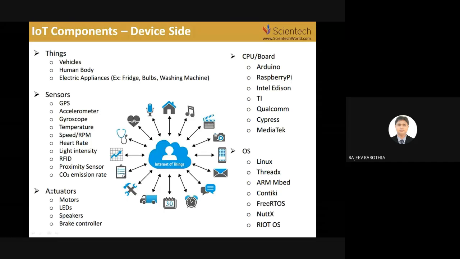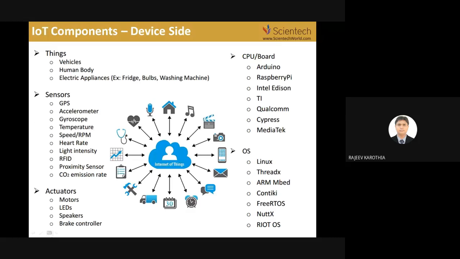Then the actuator. After getting data from the sensor, if you want to actuate something, like a motor, LED bulb, or speaker, any device you want to control, you should have some kind of actuator, for example a relay. So device, sensor, actuator, these are the three important components.